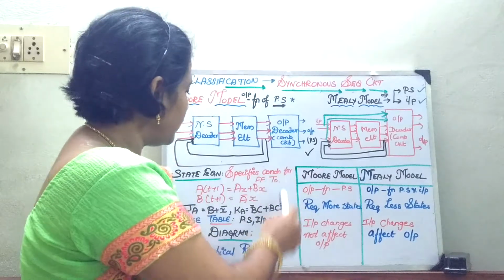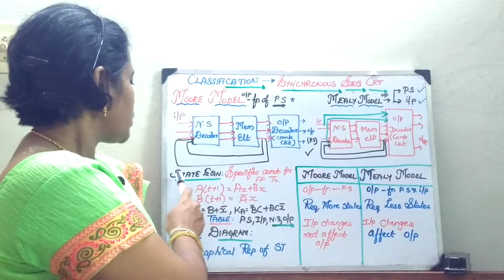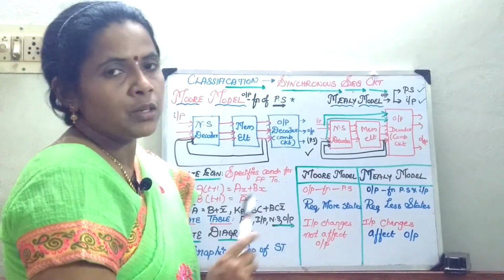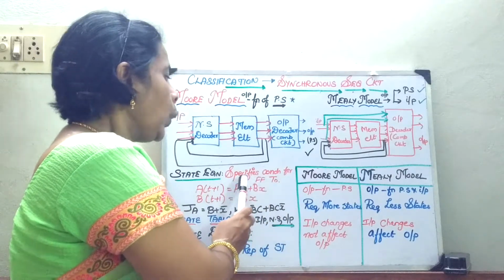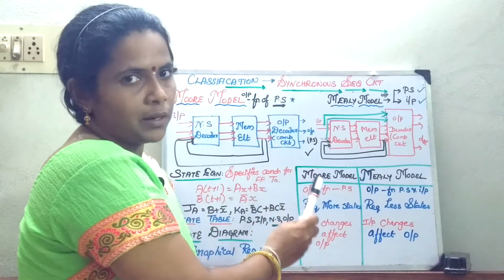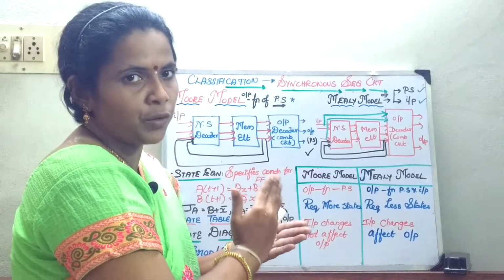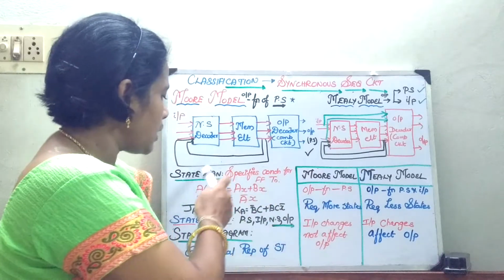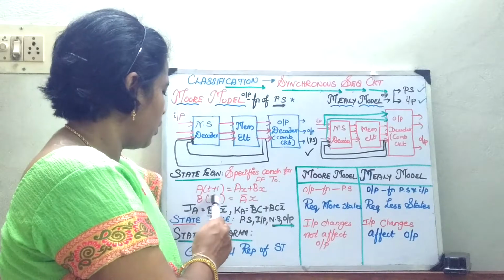Now, there are certain terms you should know. First, the state equation. What is the state equation? It is the equation which specifies the condition for the flip-flop transition. If the flip-flop wants to change from one state to another state, what is the equation to be followed? Just similar to your next state, A of t plus 1, B of t plus 1.